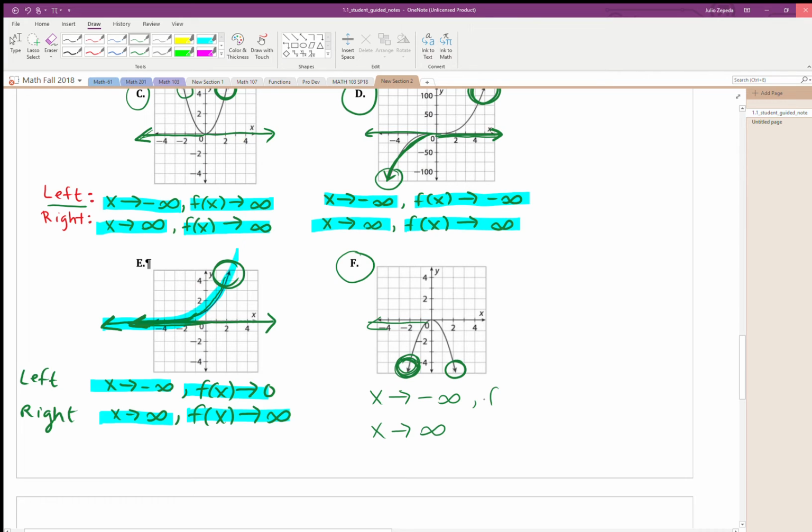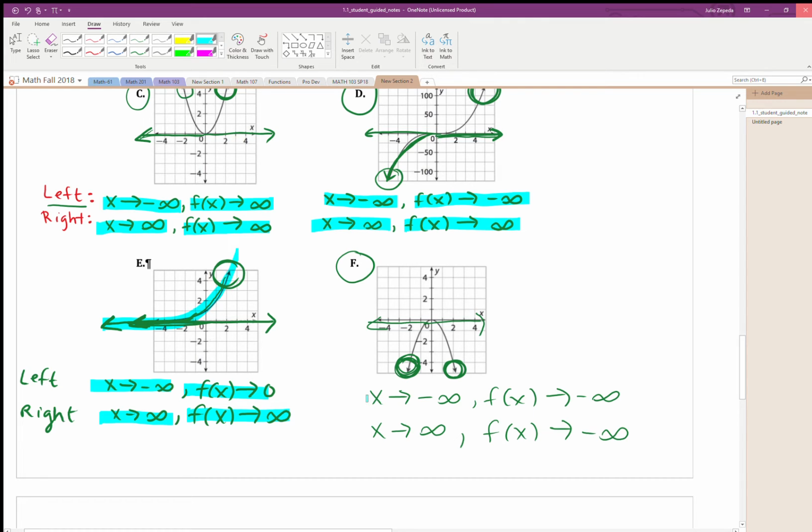So we would say our function value f of x is going to negative infinity for the left side. And then for the right side, you can see if I go to the right, on the right-hand side my graph is ending down here at negative infinity as well. So we'd say the function value f of x is going to negative infinity.